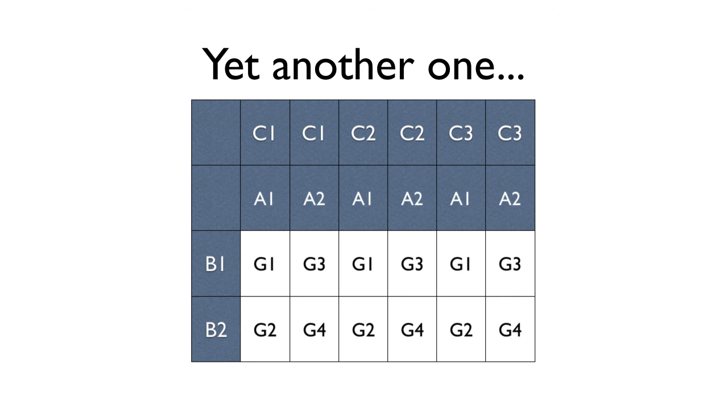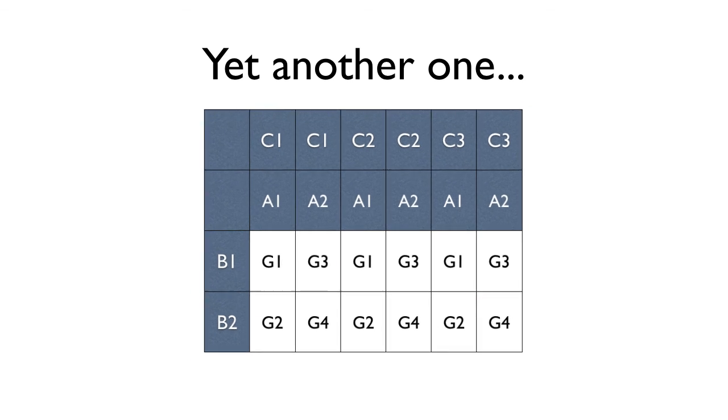What are they? Yes, thank you. How do you know? Because different subjects get different levels of A and different levels of B. What about C? Everybody gets every level of C, don't they? Okay, so now we have 2 betweens and 1 within. We've just changed the experiment a little bit.